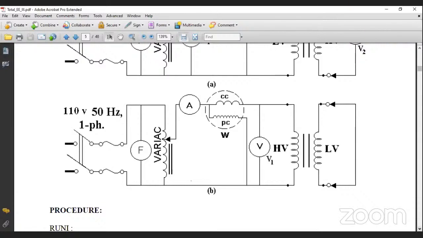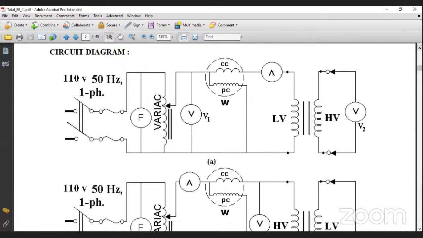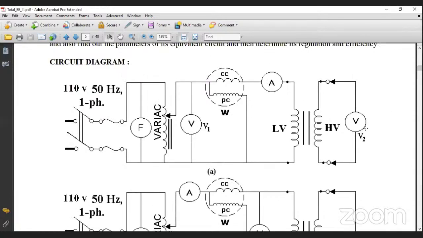Sir, can you again please mention the reason of using V2 at high voltage side? Which one? The reason of using V2. Which one? Voltmeter. The using of voltmeter V2 on high voltage side. What is the reason? Can you tell me? Okay, so we want to track the voltmeter with respect to the high voltage and the low voltage.